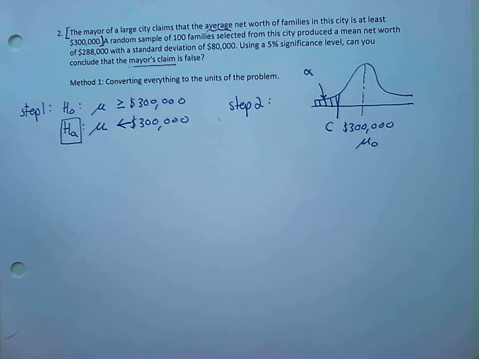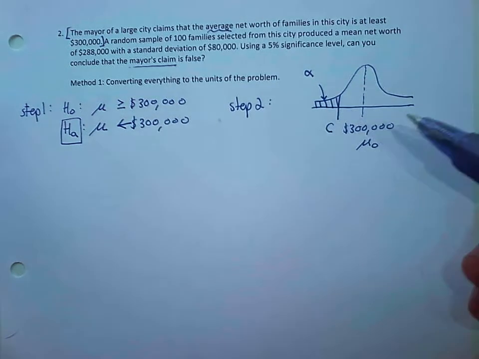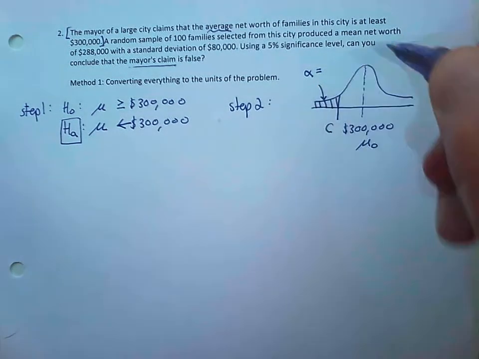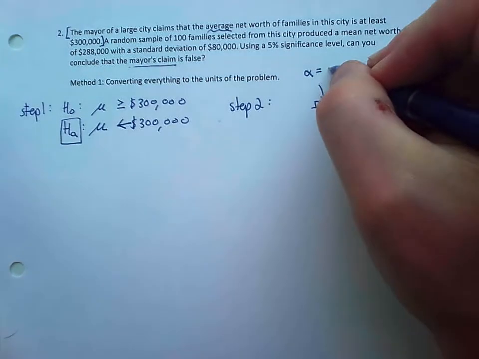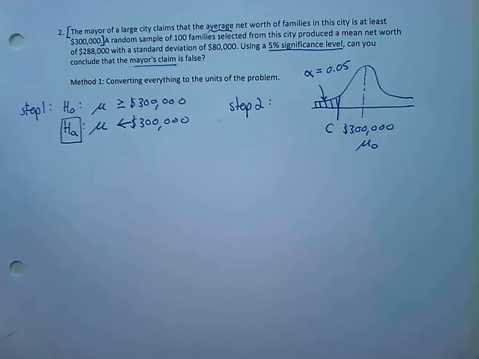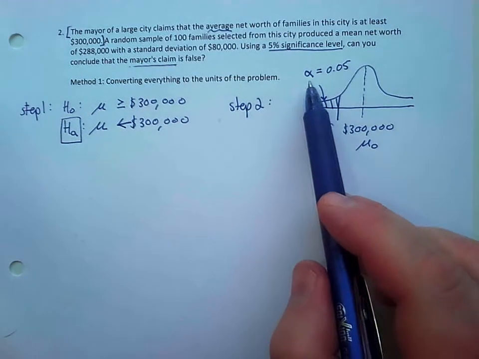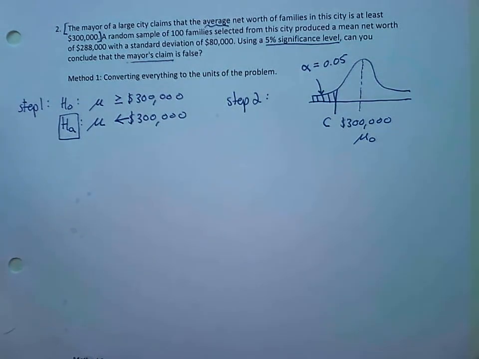We only have one rejection region, so therefore we must put all of alpha into this rejection region. Now how big is alpha? 5%. Because alpha is synonymous with our significance level. So therefore alpha is equal to 5%, or written as a decimal, it's 0.05. Right, and that's what we know so far for our diagram.